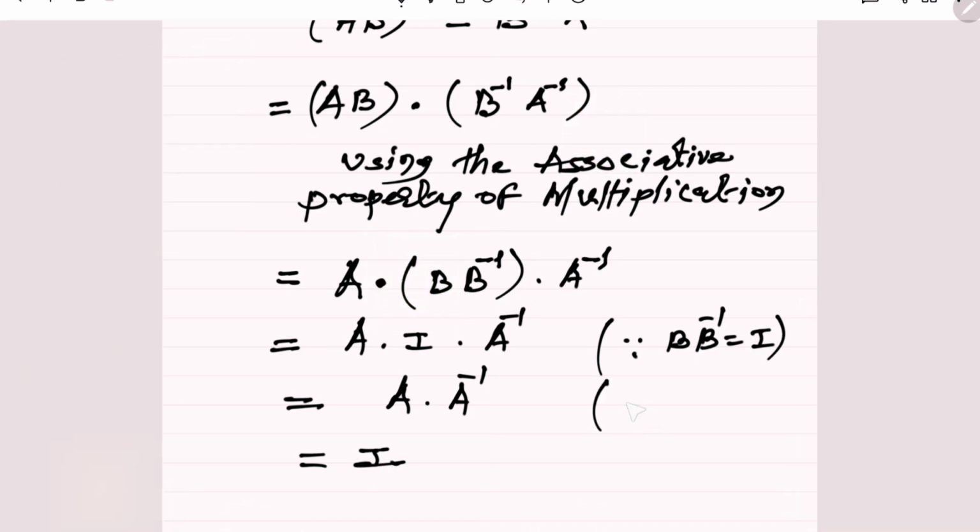And the reason for that step is, since A into I is A. That is, AB inverse is equal to B inverse into A inverse. Hence proved. This is the required result. How?